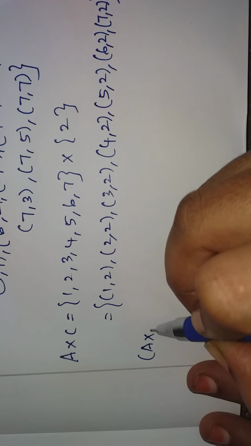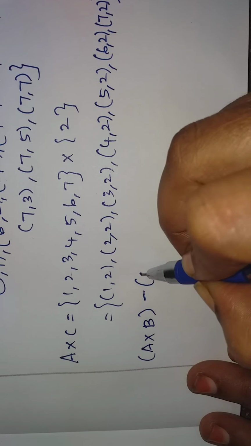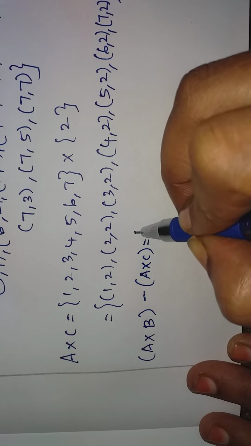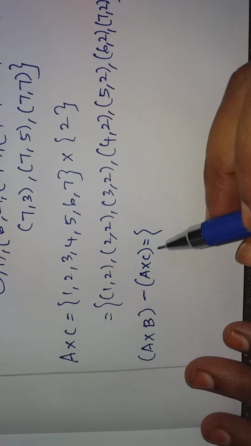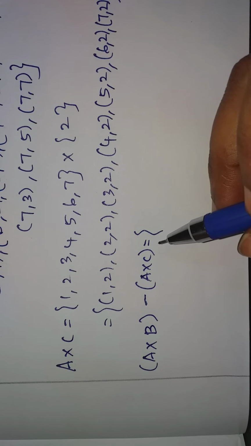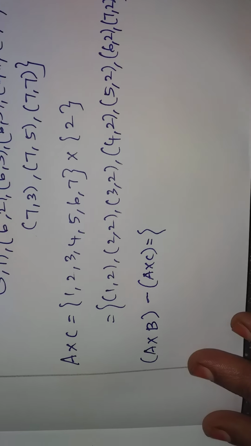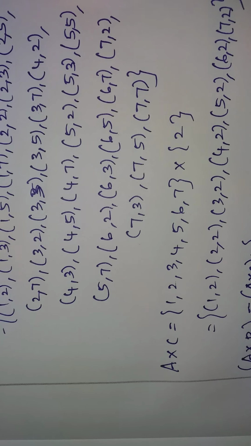Finally, A cross B difference A cross C. Difference means you will write the uncommon ordered pairs. First strike down the common ordered pairs so that it will be easy for you to write the answer.